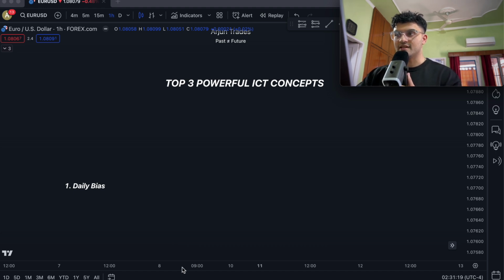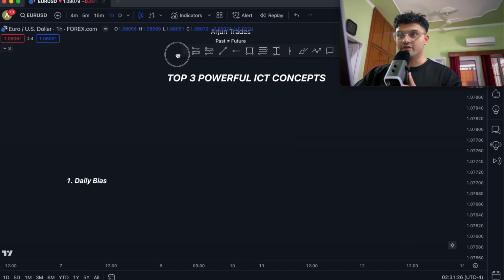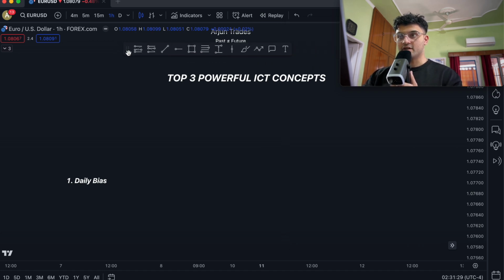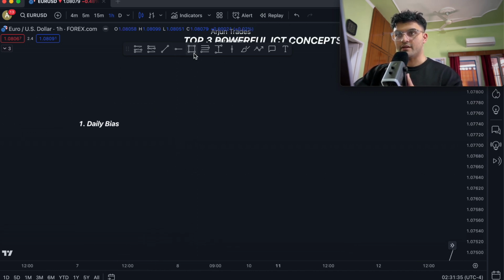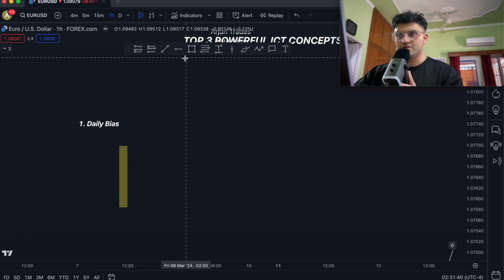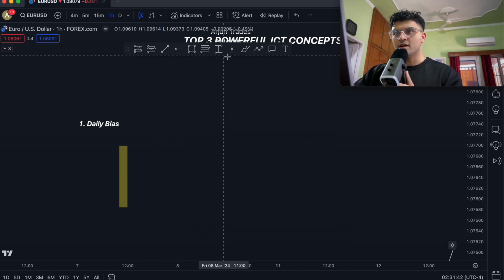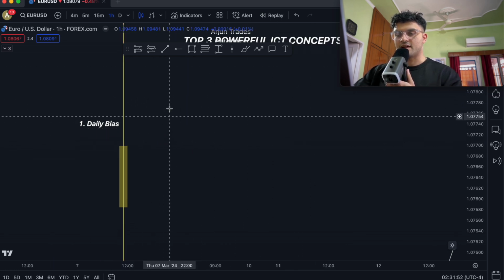So the first concept is called the daily bias, and all it's saying is every day what is your expectation, and that is what is going to determine if you're going to long the market or if you're going to short the market. So essentially, if we look at a day candle, something like this, I'll just make it yellow just because yellow is a nice color, but essentially this is the previous day, and usually we'll have the wick something like this, right?